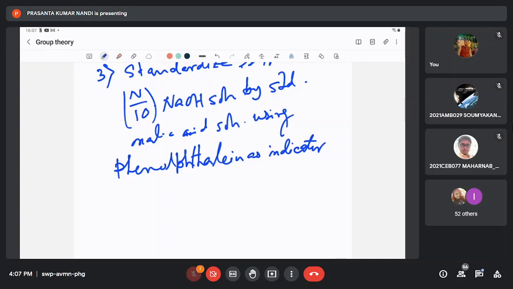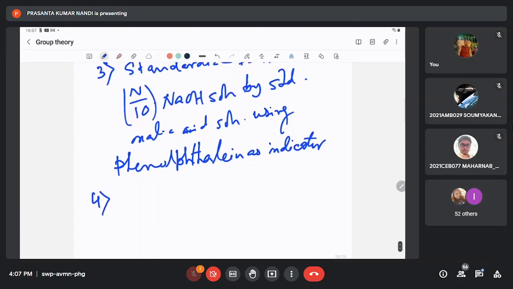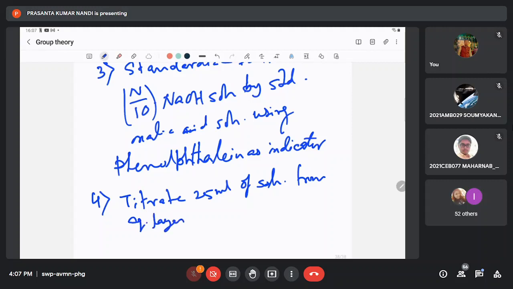Next, the fourth part of the procedure is to titrate 25 ml of solution from the atmosphere of, say, bottle one, using standard NaOH solution.